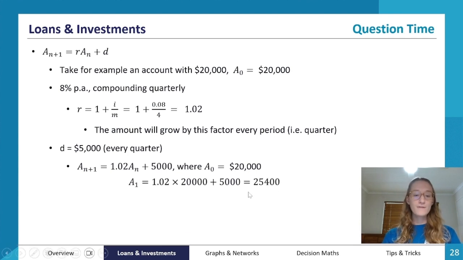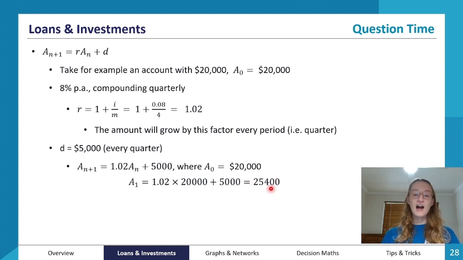So when we apply the rule the first time, after 1 quarter, we will have interest applied to the amount that was already in the account, $20,000, and that's the growth factor. Then we also have the plus $5,000. That's this plus D, the amount that's being deposited into the annuity every quarter.